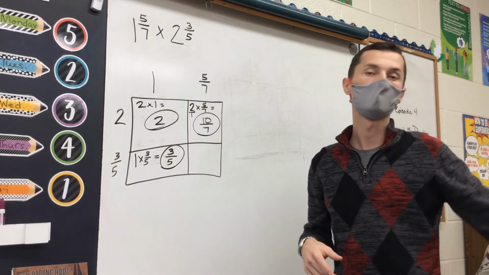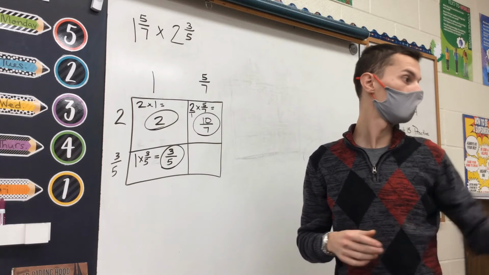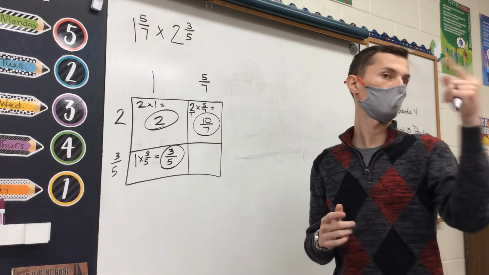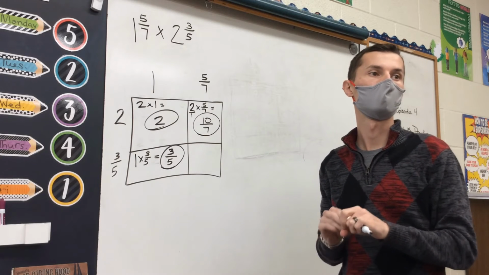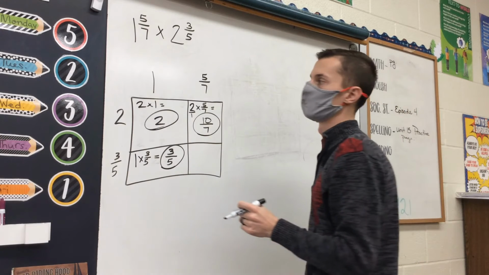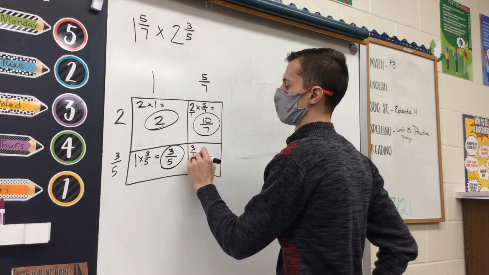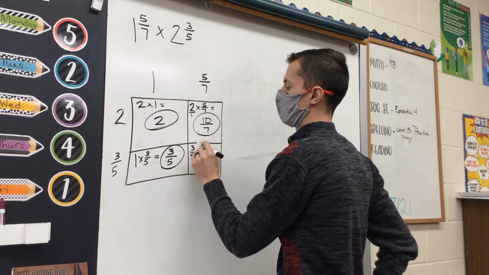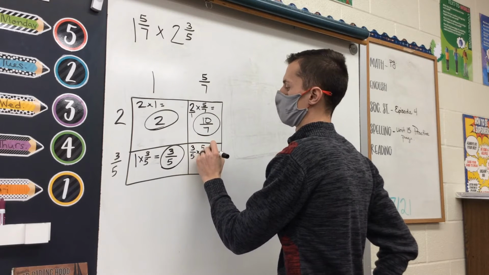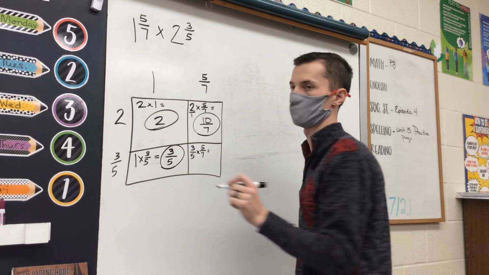And then we are going to move to that next box and multiply those two fractions. We get 3/5 times 5/7. We can cross simplify here.